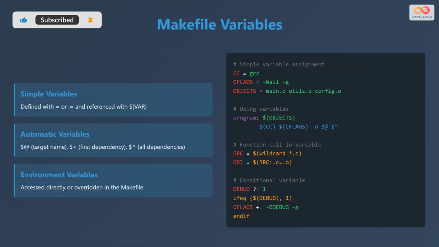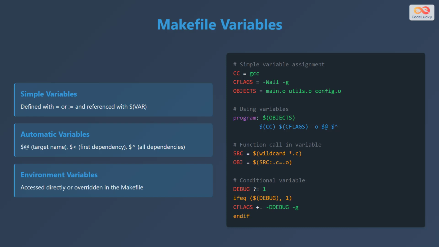Makefiles make extensive use of variables to make things more flexible and easier to manage. There are several types of variables. Simple variables are defined using either an equals sign or a colon equals sign. These are referenced using the dollar sign and parentheses syntax, for example, dollar sign open parenthesis var close parenthesis.